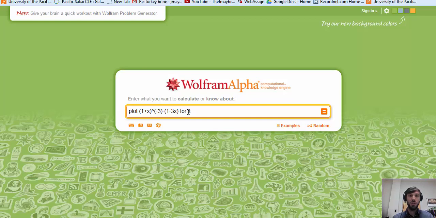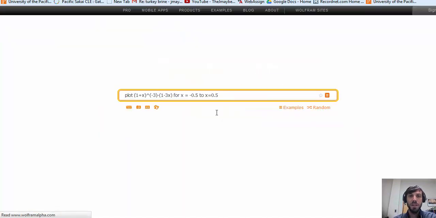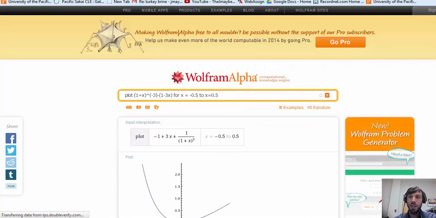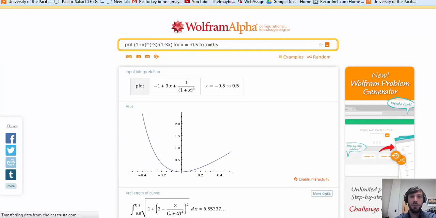So I'm going to choose an interval of x equal negative 0.5 to x equal 0.5. We're going to try and plot this function in this range and see if we can get an idea of what's going on here.